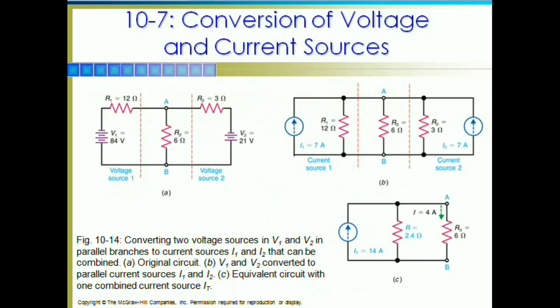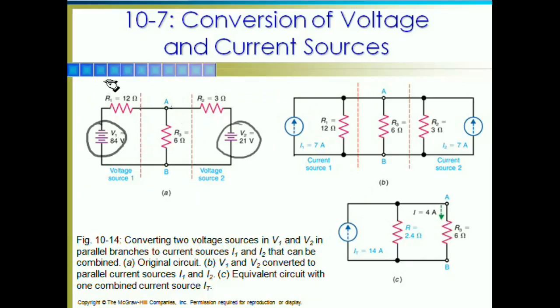Okay, remember this guy with the 84 volts and the 21 volts. Now we went through the circuit where we used the superposition theorem, and then you converted that to the Thevenin equivalent. Well, we can easily then just look at it this way.